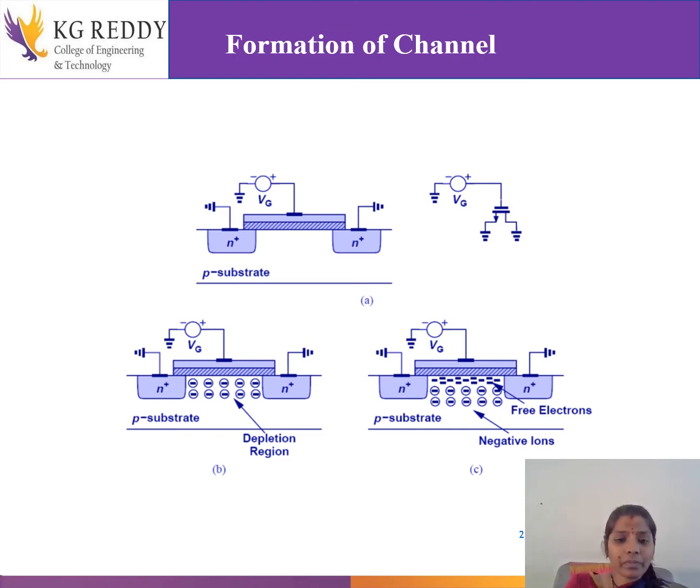The condition is that when VGS, the gate voltage, is greater than the threshold voltage VTH, the device operates in the inversion mode. What is the threshold voltage? It is the point at which the device starts conducting. So when the gate voltage is greater than the threshold voltage, the device is in the linear or inversion mode of operation.